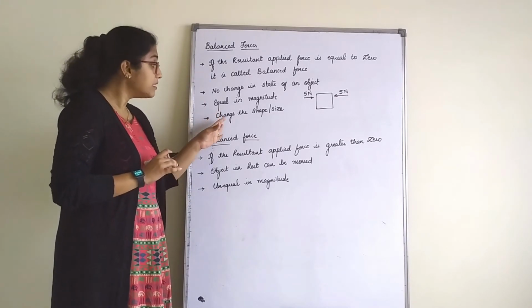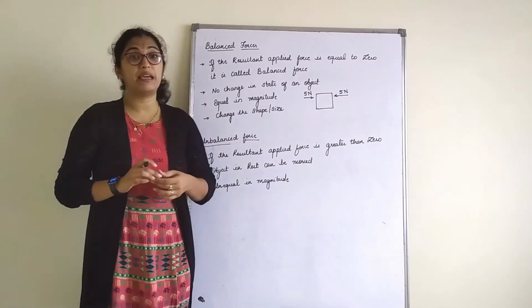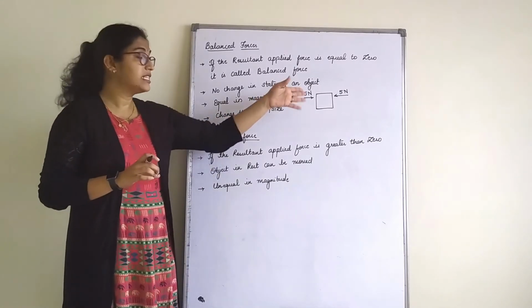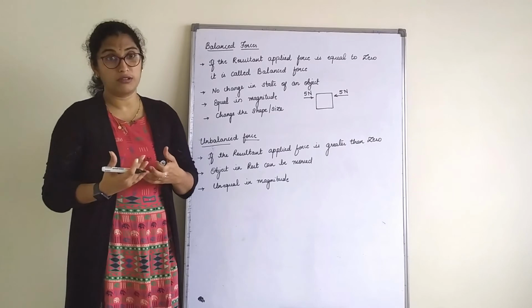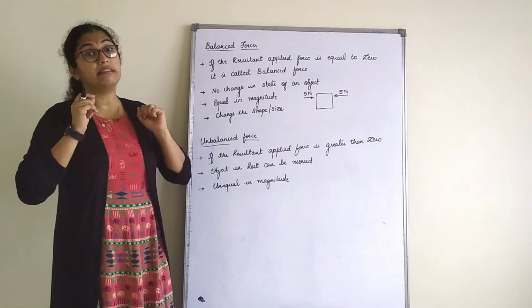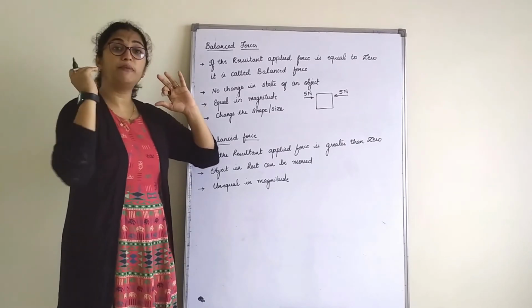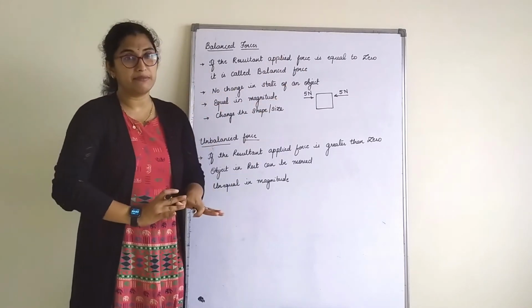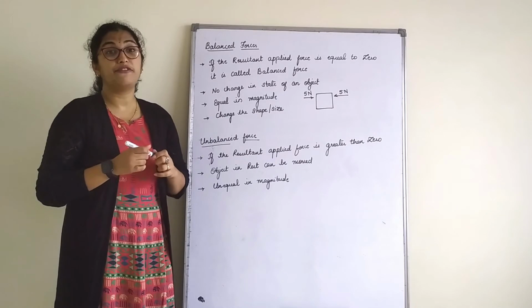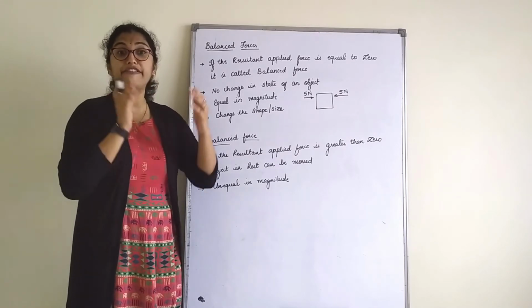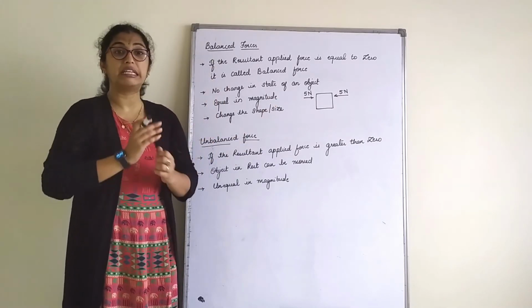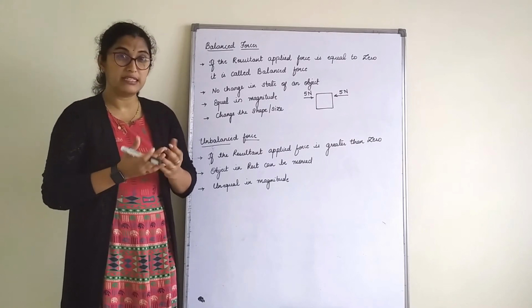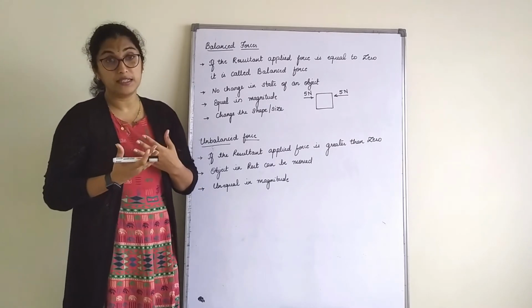But sometimes it can change the shape and size. Suppose this is a heavy carton box, with the force we both are applying from opposite directions, the carton box might get damaged. Or assume that if it is a balloon, if we are applying force on both sides, it can change the size, shape, or it might burst, right?